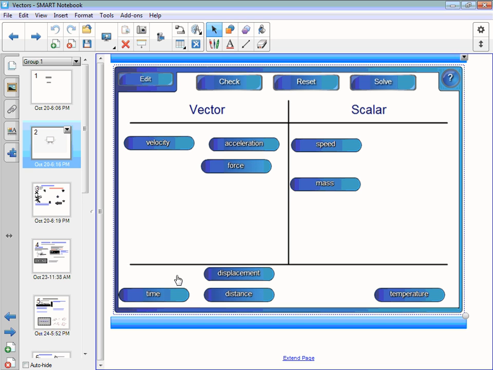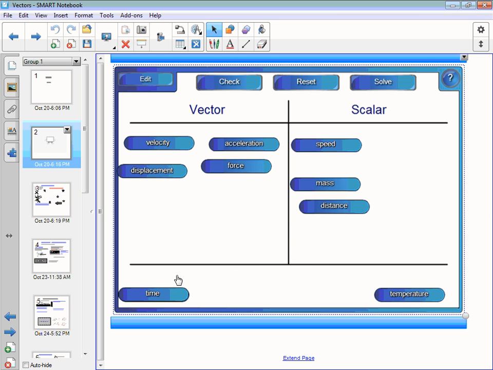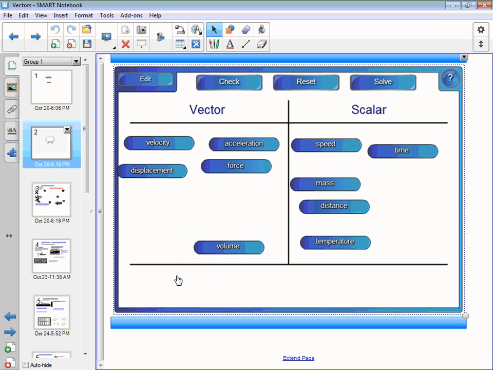Others can jump in too. And I think displacement is also scalar. Displacement's a vector. No, wait, no, yeah. Displacement is vector. Okay. Volume is a... What do we think of this?